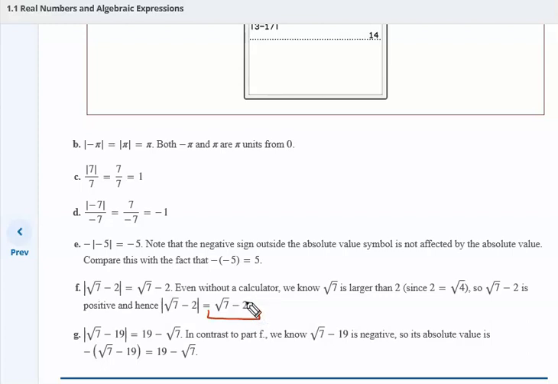That's a little tricky. While in case G here, the absolute value of this, when we take it out of it, the negative 19 becomes positive, and the square root of 7 will be, in this case, negative. So noticing what's being done here, a little bit tricky. All right, let's go on.